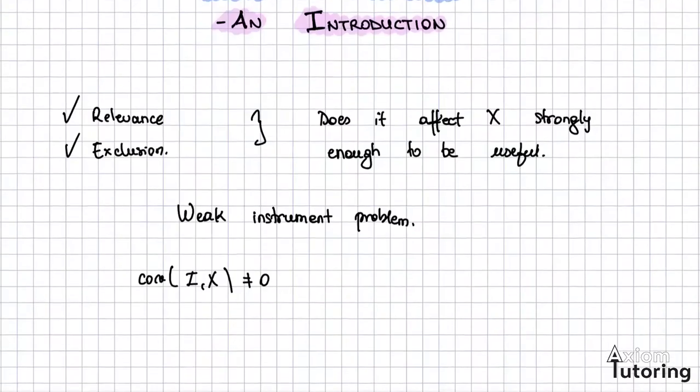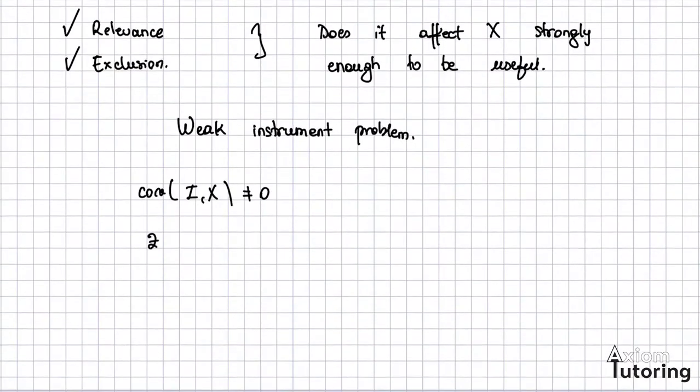So the way that you can think about it is you have a Z instrument, which is quite strong, okay? And then X and Y. And then you have a weak instrument, which is not that strong, okay?